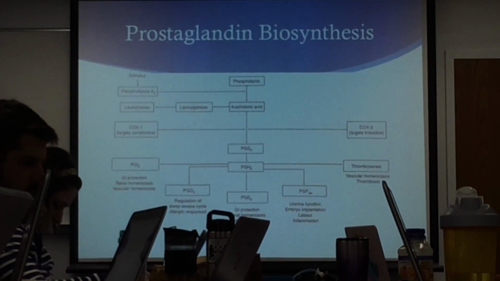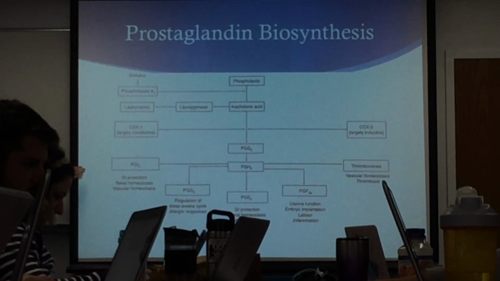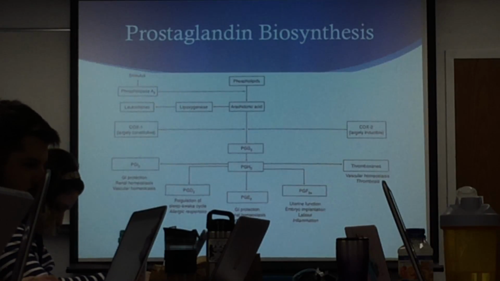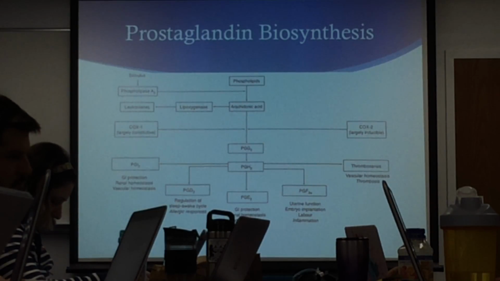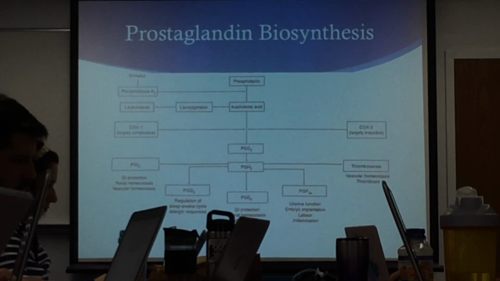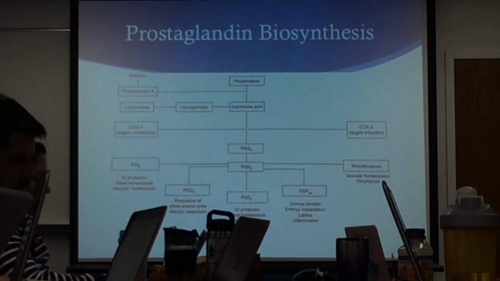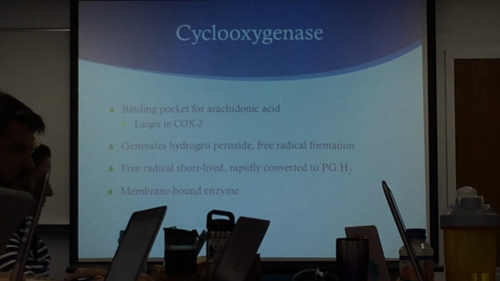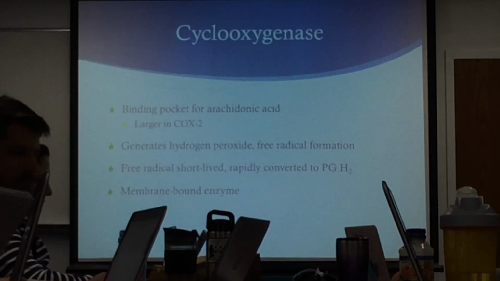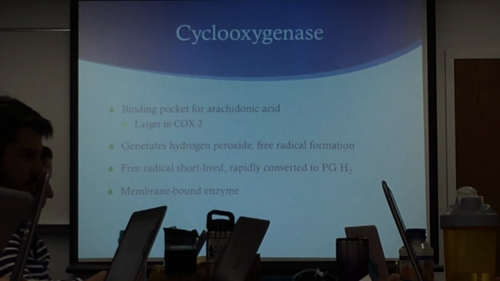And then depending upon which tissue you're in, you generate different prostaglandins. So in the GI system, you're predominantly going to generate PGI2 and PGE2 because you have PGI2 synthase and PGE2 synthase present. In platelets, you're going to generate thromboxane because you have thromboxane synthase present. So prostaglandins are a very diverse group of chemicals and they do very different things. That's why one drug does so many different things when you get into a person.